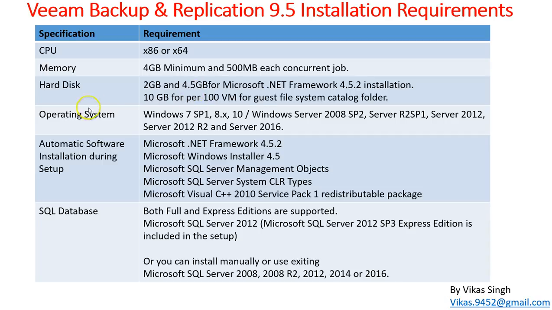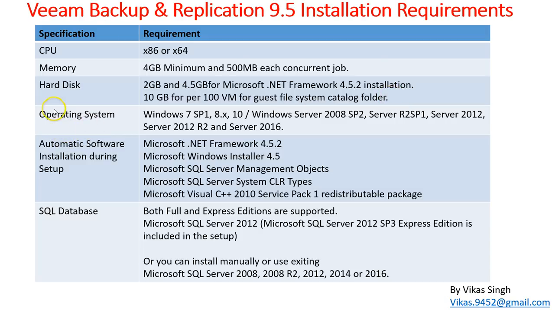And we have 10 GB per 100 VMs for the guest file system catalog folder. During the installation you can define this space on the D drive or any other drive if you need. So, 10 GB per 100 virtual machines for the system catalog folder.